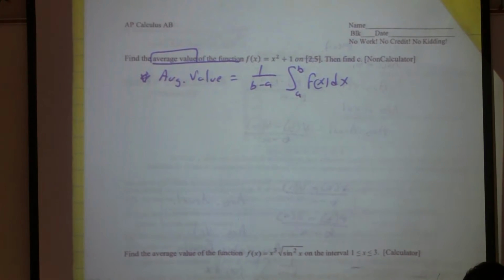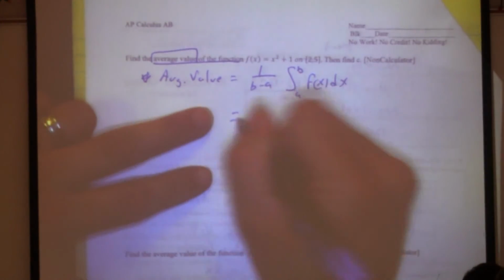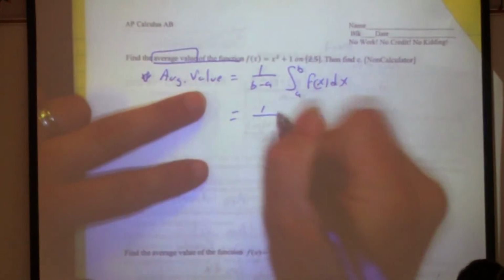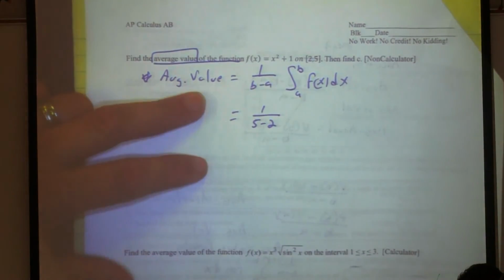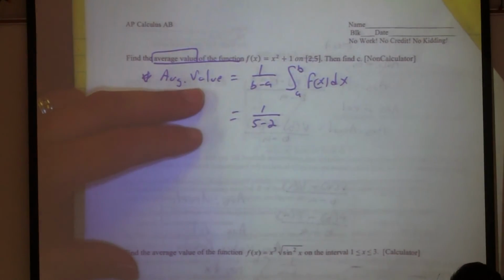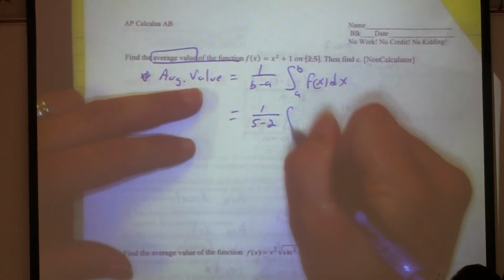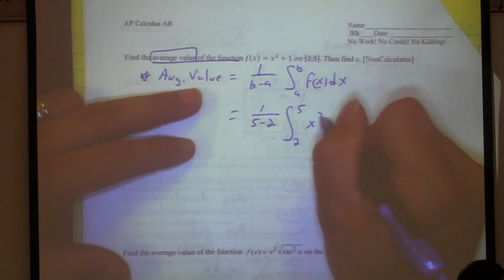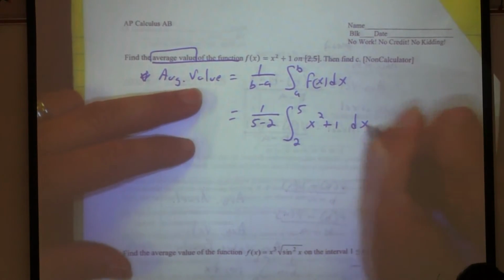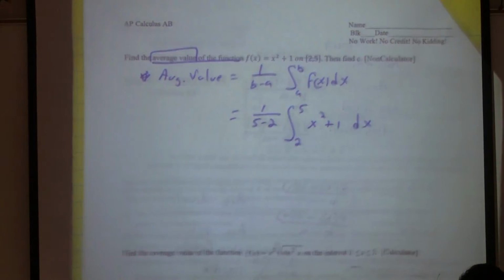So let's do it. What's a and b here? 2 and 5. So 1 over 5 minus 2, which we can do in our head and just put a 3, times the integral from 2 to 5 of x squared plus 1 dx. And this is non-calculator, so we got to do it by hand.